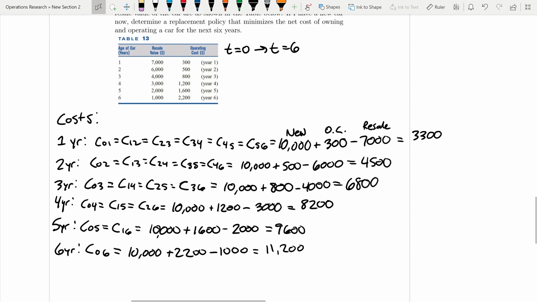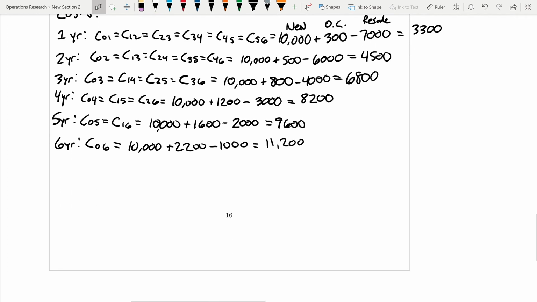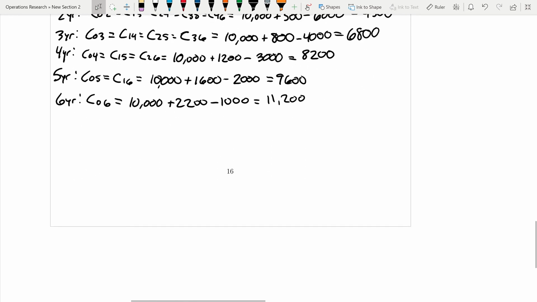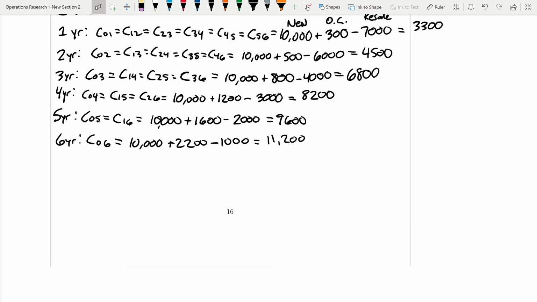So now that we've defined all of our baseline costs here, much like the last problem, I'm going to run out of space. It's okay. We know that at the end here, g of 6 is just going to be 0. So we can start at T5, which is going to give us g of 5.